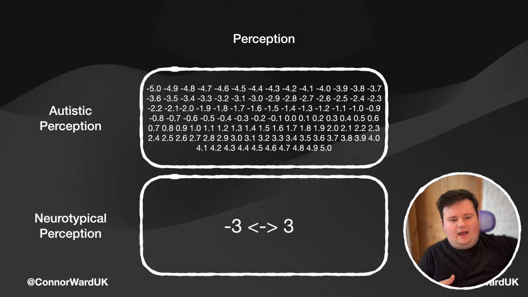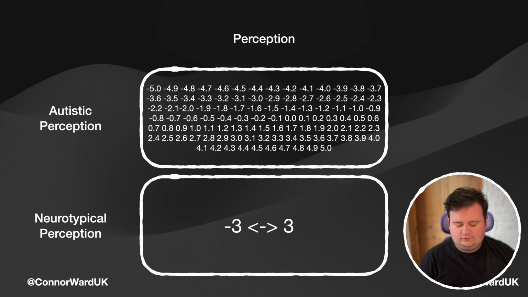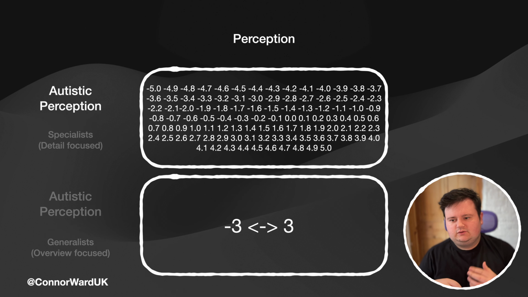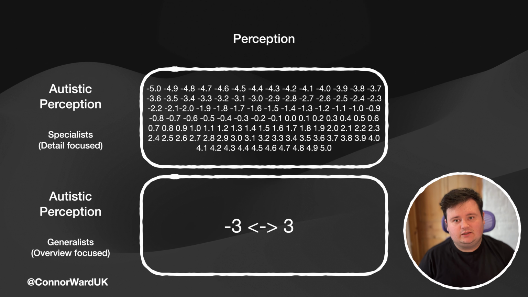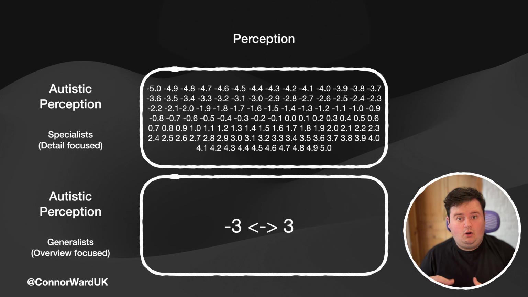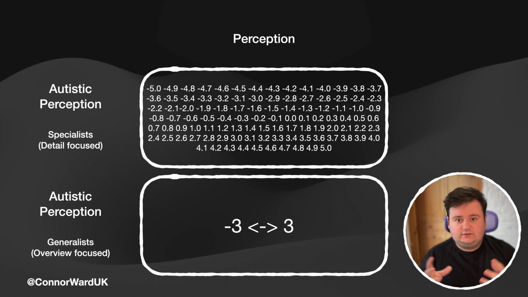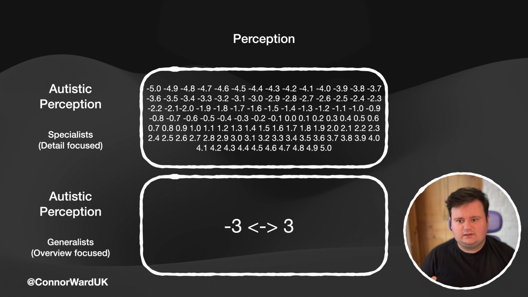So I think there are actually better labels that we can associate with this kind of concept. Being more detail focused, we can call more specialist. And being more overview focused, we can call generalist. Again, different approaches to life. These are concepts that very much exist in our society.